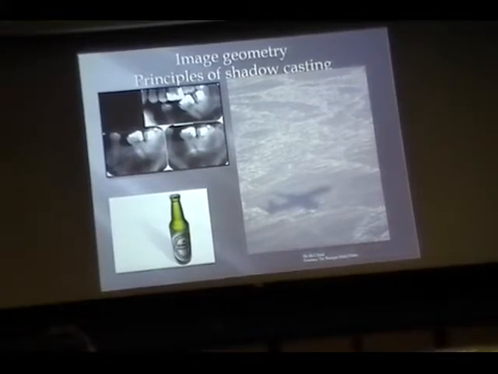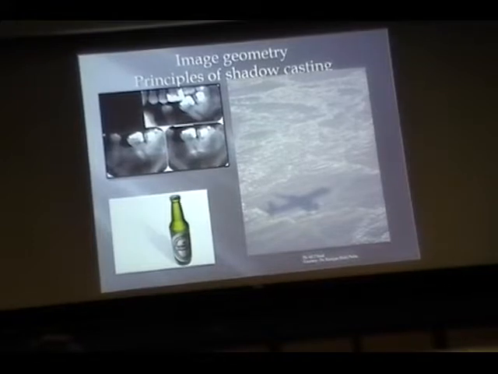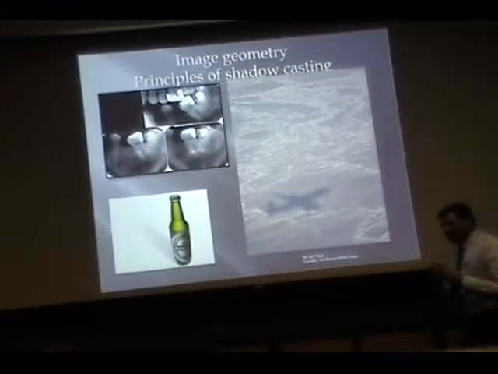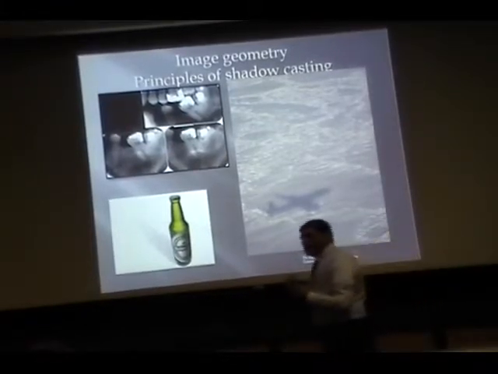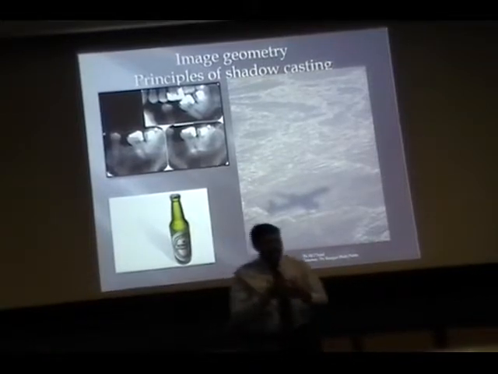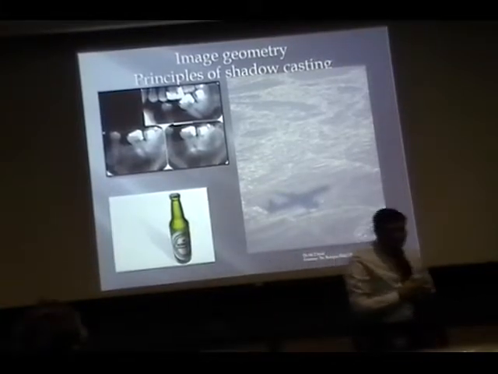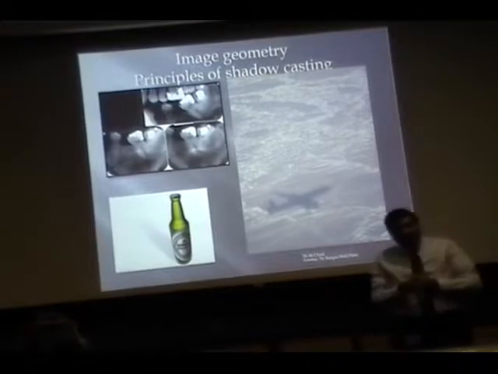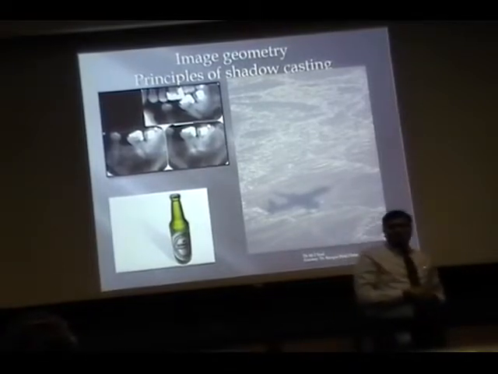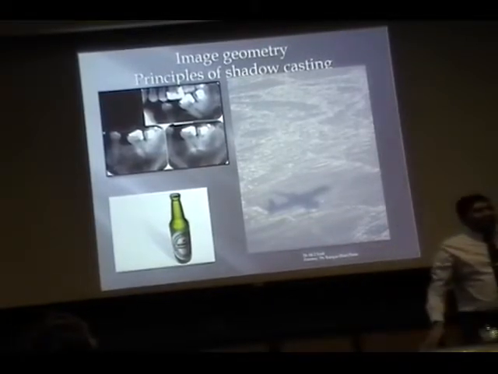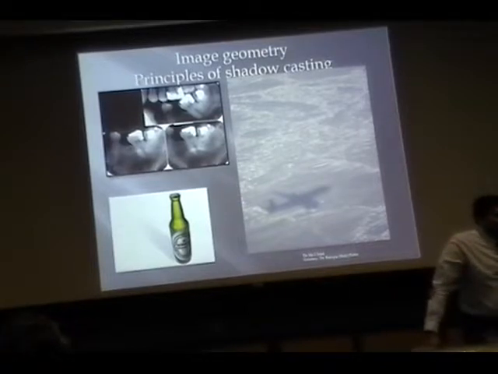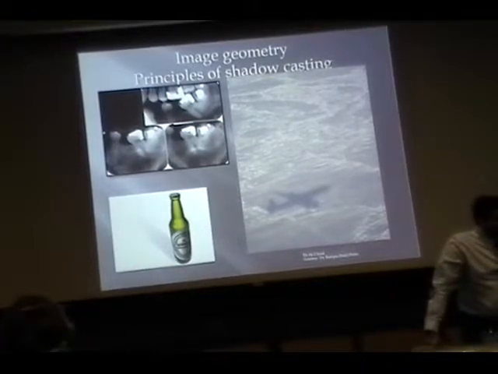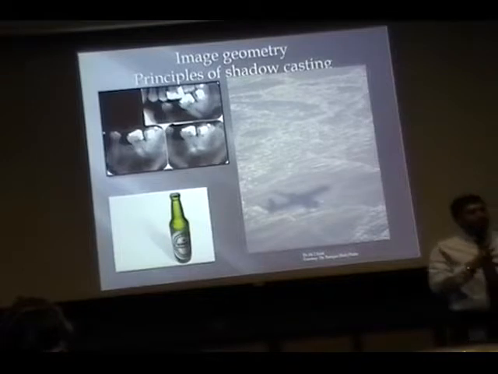And if there is anything problematic with that disc, like for example fluid in that region, then you may have to use MRI. Then you should know what to order as a general dentist: MRI T1, T2, proton density, all those things. So at least you should have some basic knowledge.